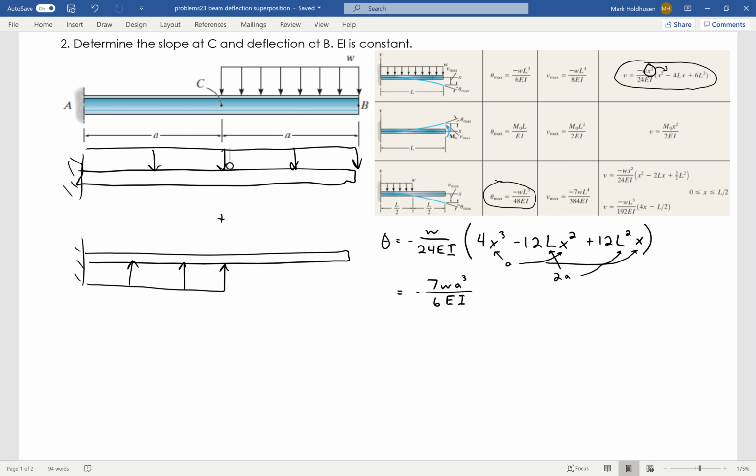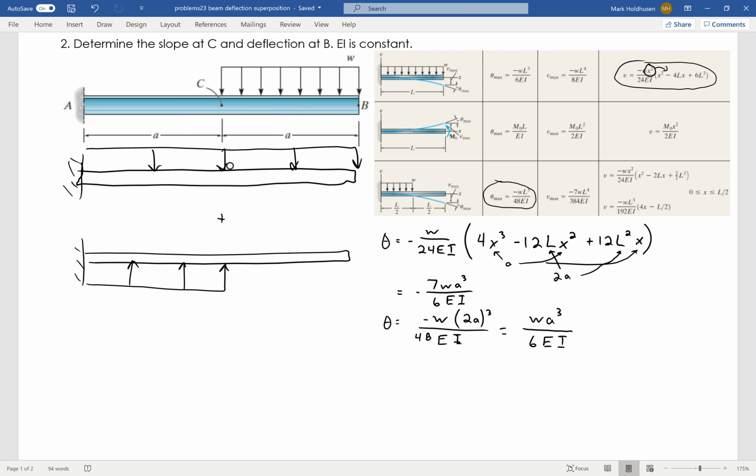Now I'm going to use the other one, the bottom one, which is going to be negative W times 2A cubed, all over 48EI. Simplifying that down, I get WA cubed over 6EI. So now I'm going to add those two together, right?